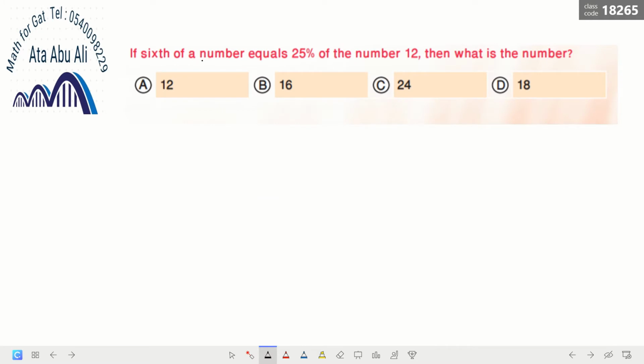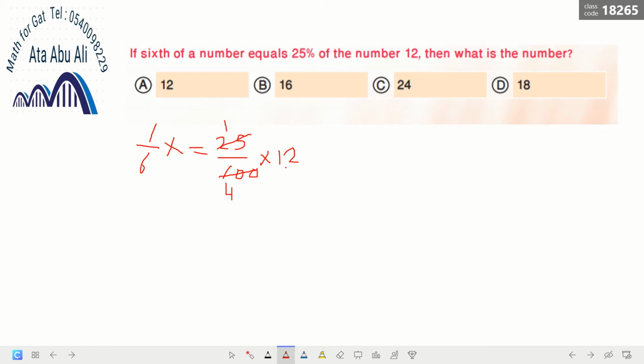Now, if one sixth of the number equals 25% of 12, then what is the number? That means 1 over 6 times x, which is the number, is equal to 25 over 100 times 12. If we simplify, 25 by 25 is 1, and 100 by 25 is 4.